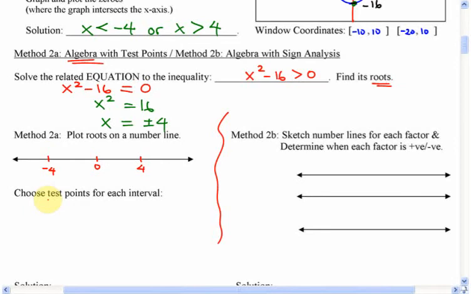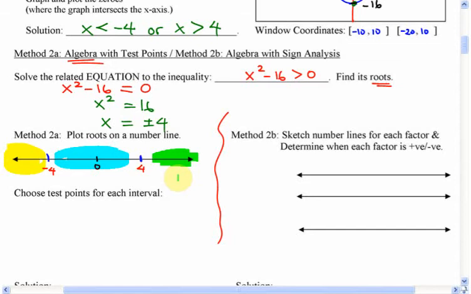Now, once you've done this, I want you to understand that these roots are like boundaries. So you've actually split up the number line into 3 different regions. This region, and this region over here. Can you see how there are 3 parts? Right? A whole line, chop it in 2 places, 3 parts.